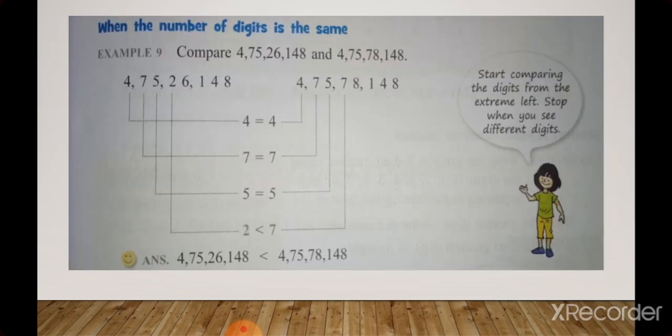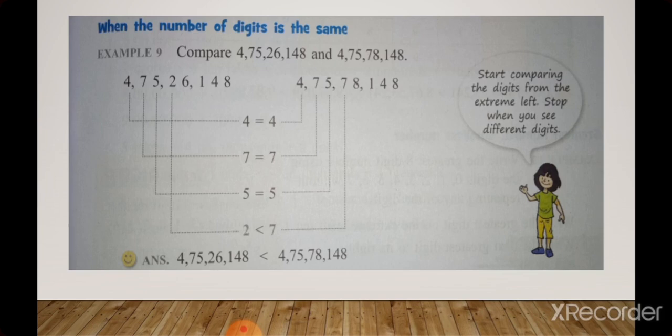The next case is when the number of digits is the same. In the previous sum you learned that both numbers have different digits, but in this case each number has the same digits. Then how will you identify which one is biggest and which one is smallest? We will see. Compare 4,75,26,148 and 4,75,78,148.